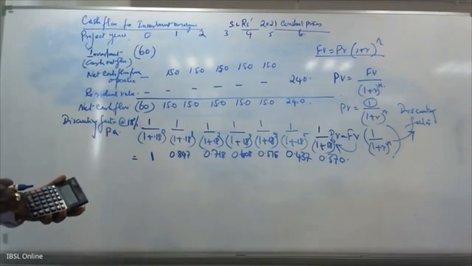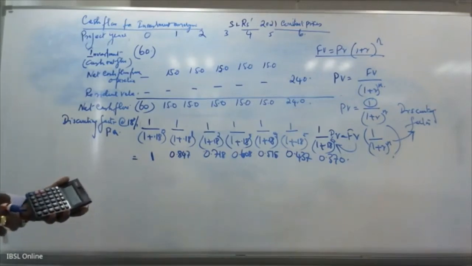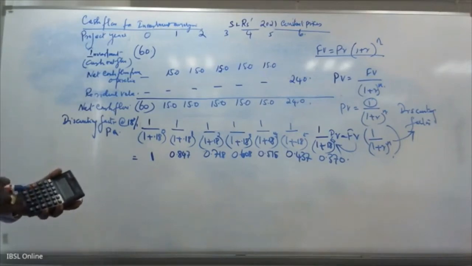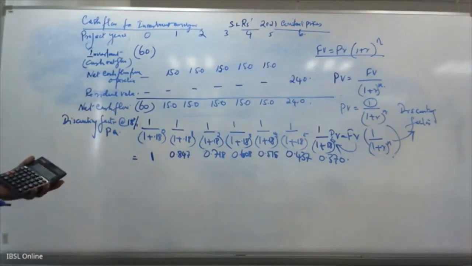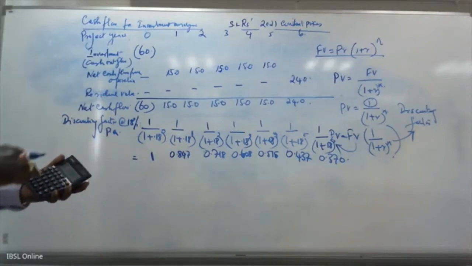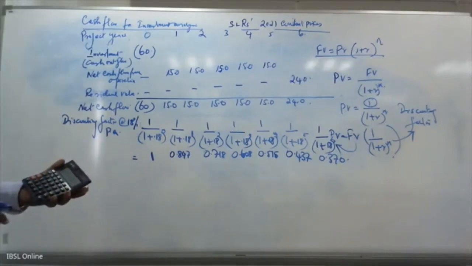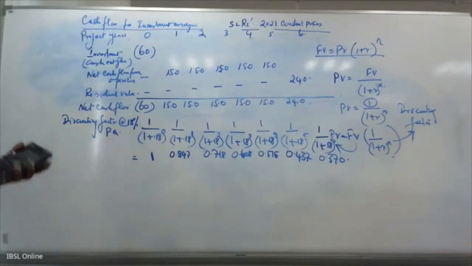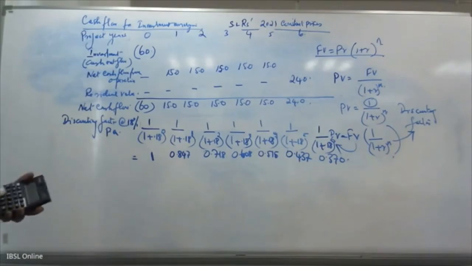Again equal sign for another division, 0.608. Again equal sign, 0.515. Again equal sign, 0.437. Again equal sign, dividing again, 0.370. This is the discounting factor.